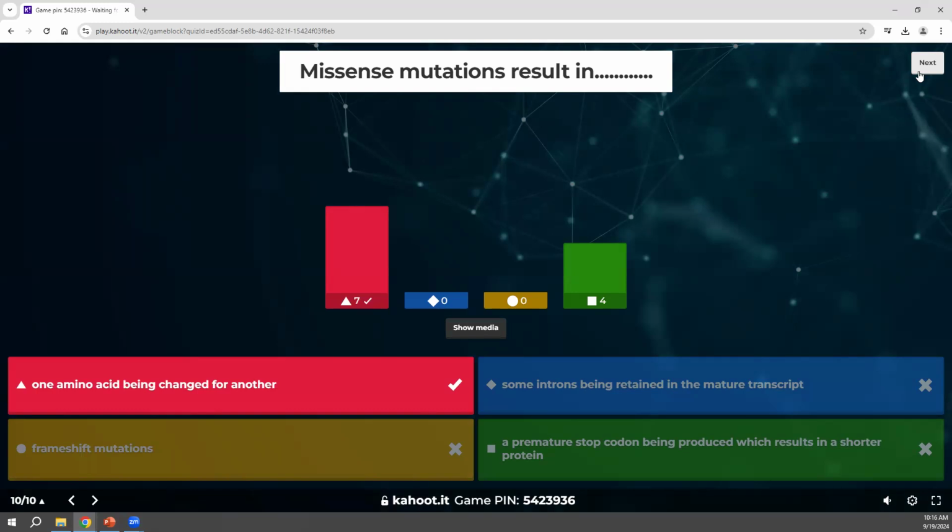It's still an amino acid, but it's the wrong one from what it should have been. Remember, a nonsense mutation is going to be if you change your nucleotides and now it gives you a stop. That would be bad. And then silent mutation is you change your nucleotides and it still gives you the same amino acid. It's just a different way to code for it.